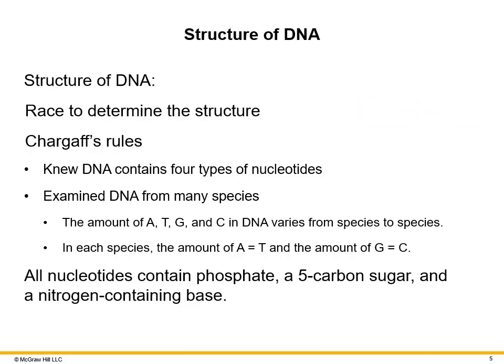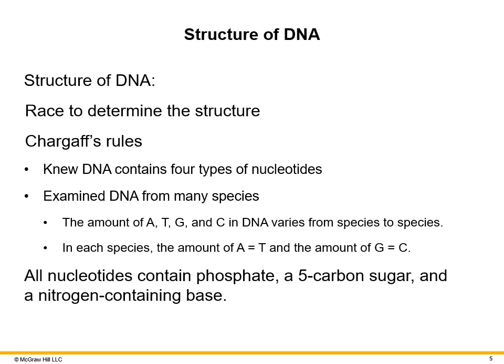There was also a time when the structure of DNA was not known. There was a race to determine the structure of DNA. Chargaff's rules state that DNA contains 4 types of nucleotides, and each of these nucleotides pairs up with a complementary nucleotide.